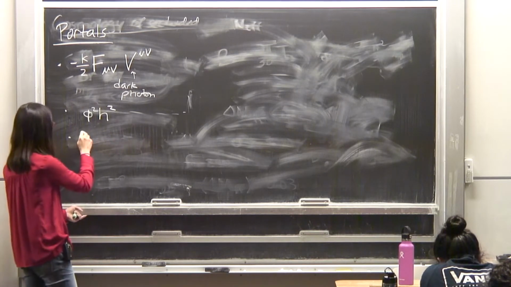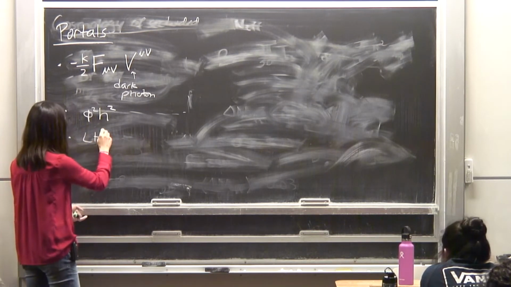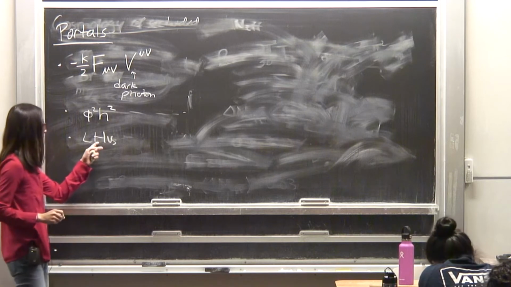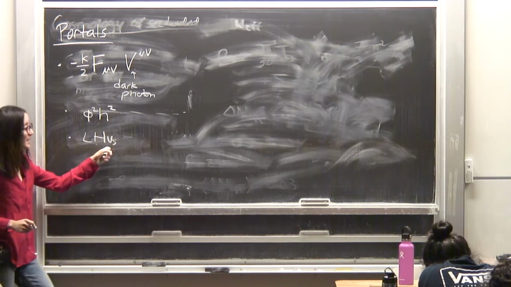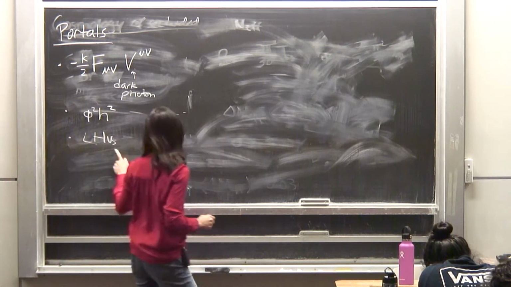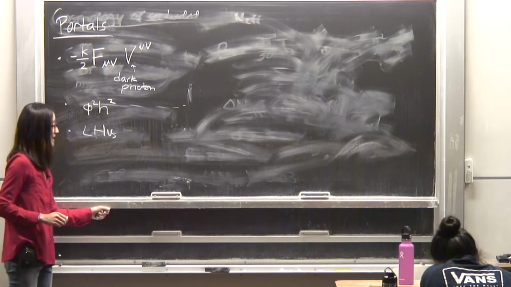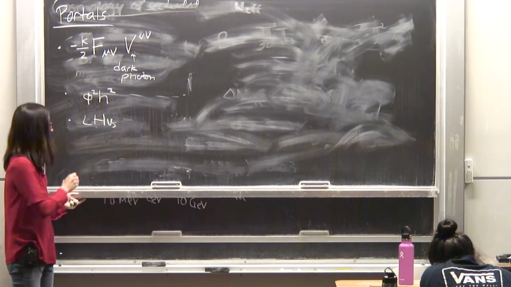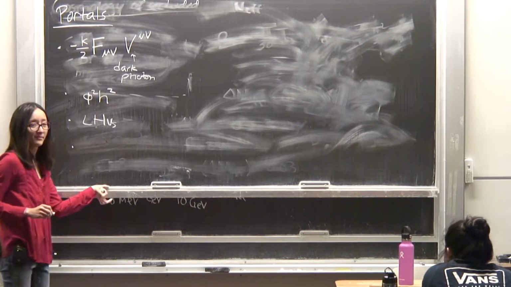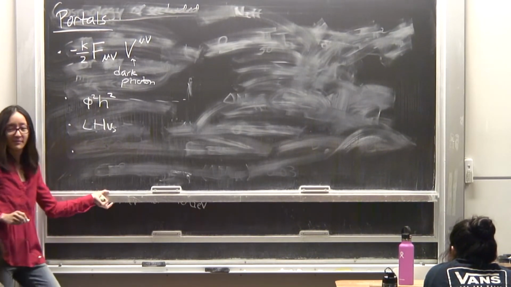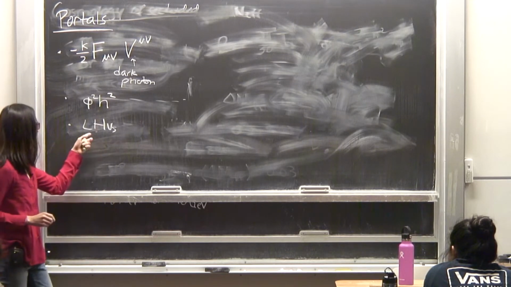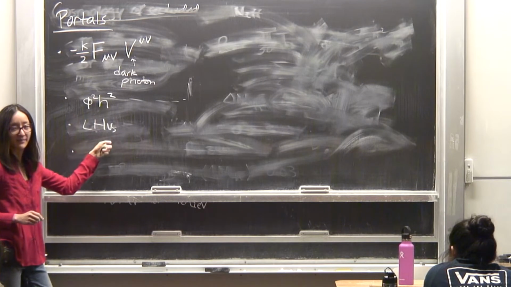You still have to add something, so I'll put it down, but so far we're working with these S-channel mediators and putting in a neutrino here. I still have to add in some other things. So can you translate that? What's L and H? Oh, I just wrote down the left-handed lepton doublet and Higgs.